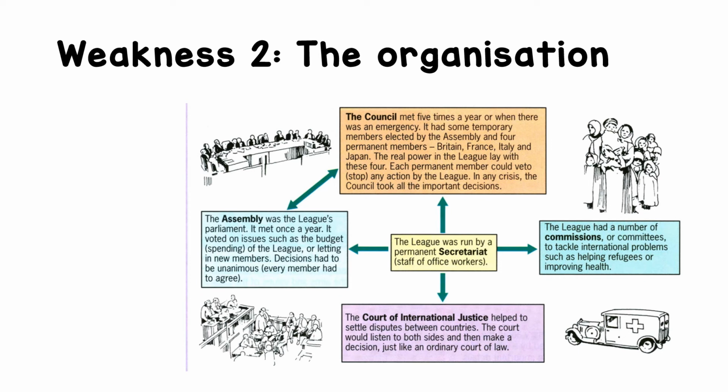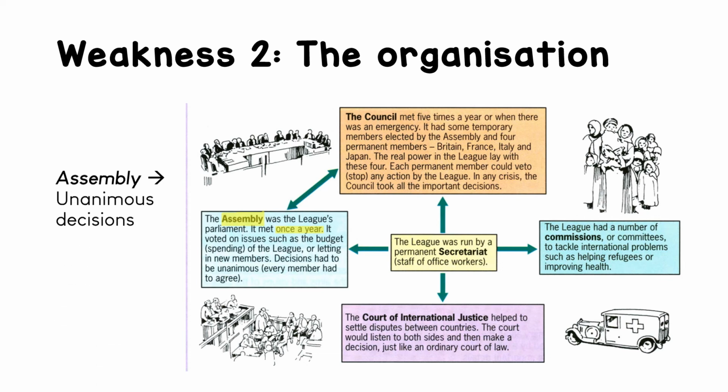Now we look into a second weakness of the League of Nations, which is its organization. The League of Nations, as we have seen, was a permanent organization that had permanent working bodies. The first one was the Parliament of the League of Nations, the Assembly. This Parliament would meet once a year, and it would vote on the League's issues, such as how much it would spend each year and whether to accept new members.